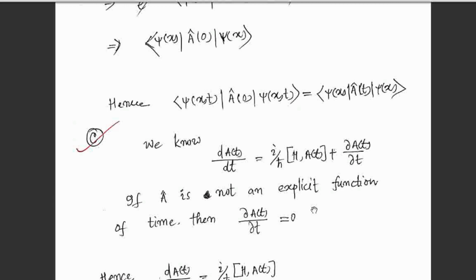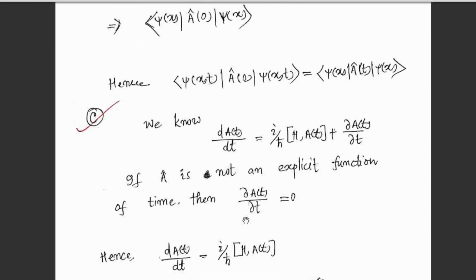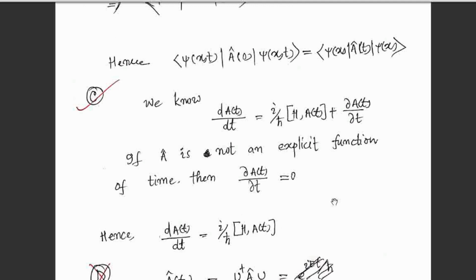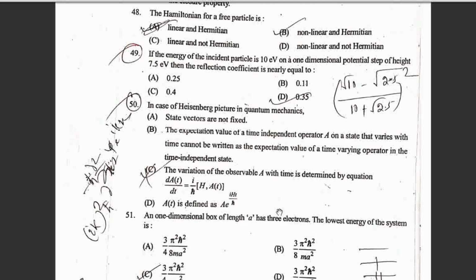In that condition, we can write partial derivative with respect to t as 0. If you put 0 in this equation, you get this equation. So in one sense this option C seems to be correct, because it has imposed a condition here. This is not the standard equation, remember.